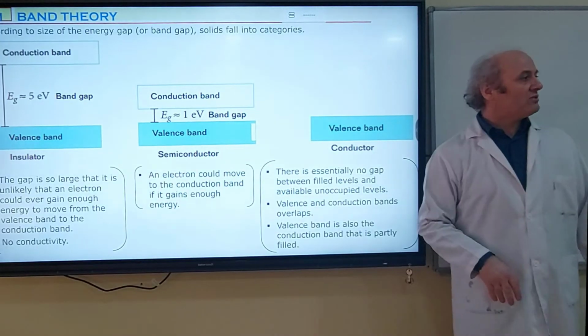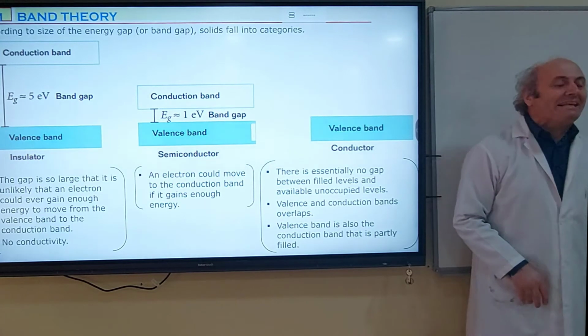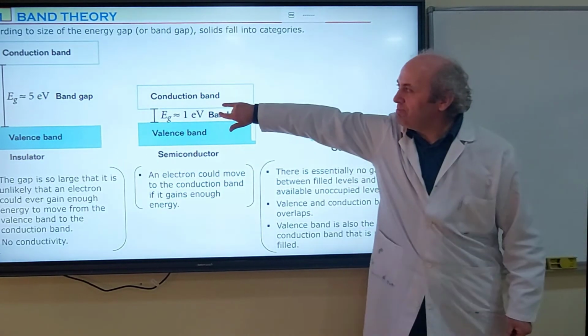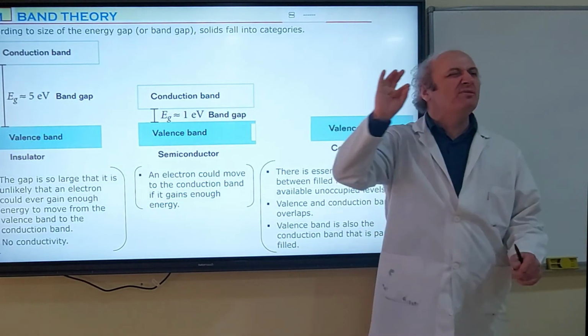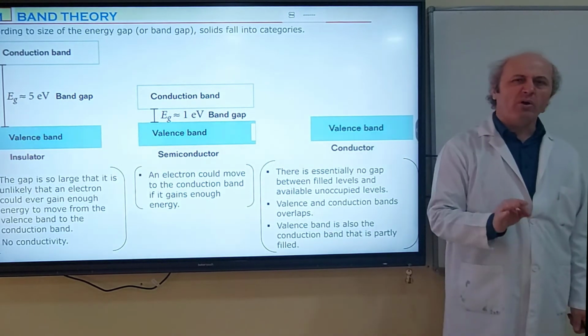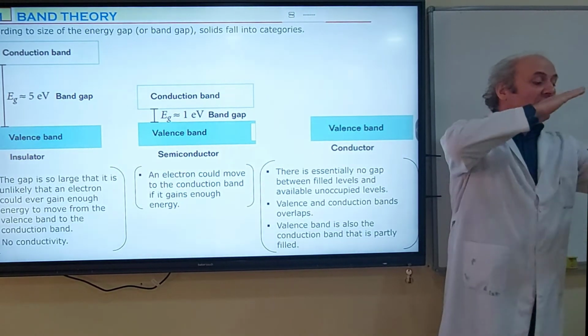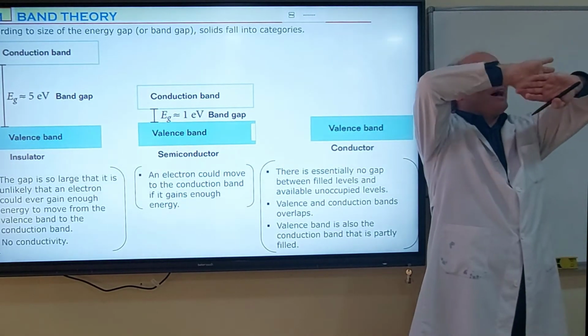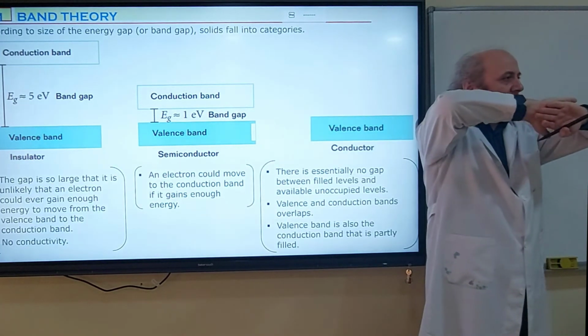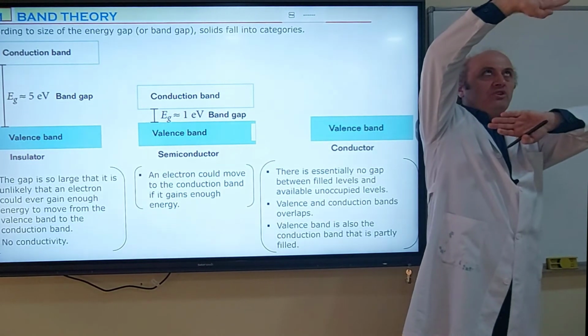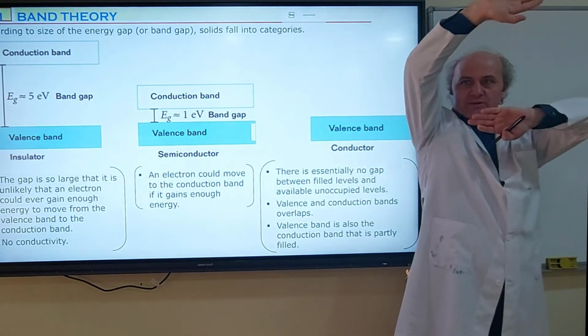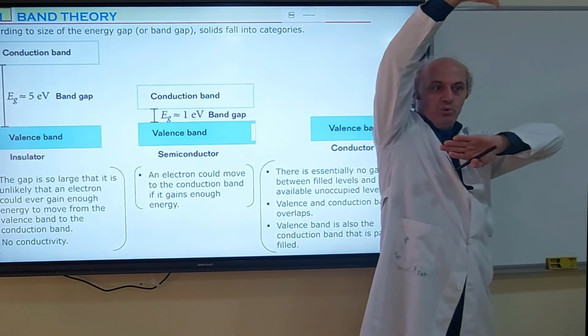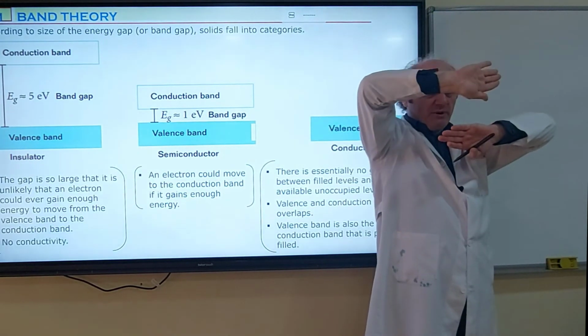What about conductors? In conductors, the separation between the conduction band and valence band is too small, 0.005. They even coincide, side by side. This is the conduction band, this is the valence band. For an insulator, that gap is so huge. Semiconductors, they are close.